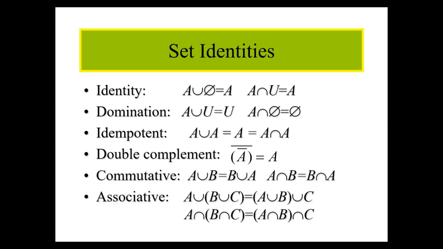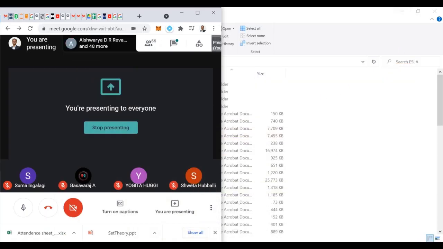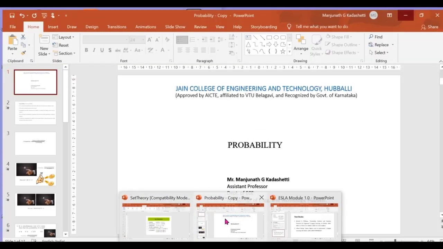Then the associative property, the commutative property, and the double complement of a given set gives the original set. A union A gives A only. If you want, you can take a screenshot of it.